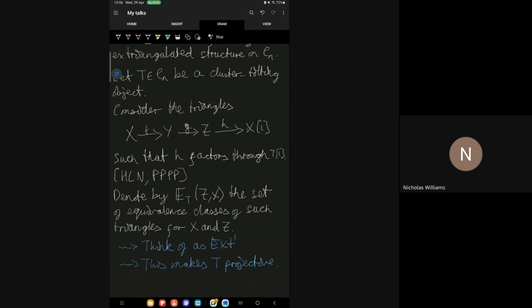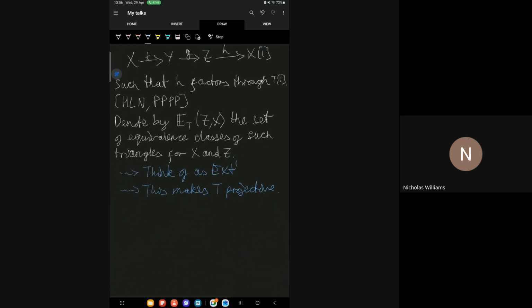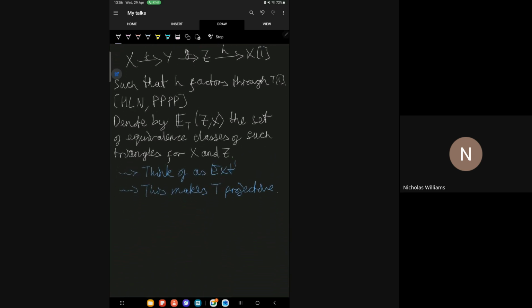Okay, so I can now use this to define what I mean by maximal green sequence in this context.